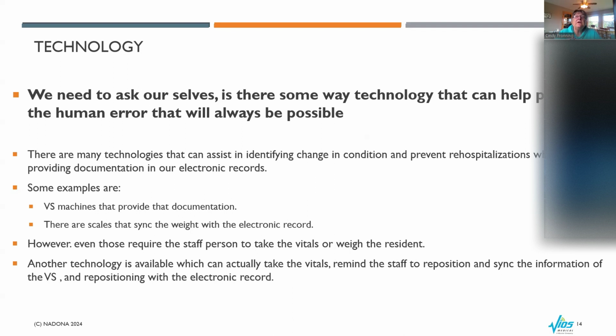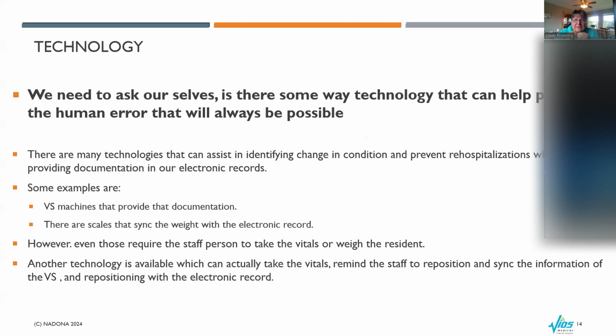It still takes somebody to go and take the vitals on the vital machine. Even though the machine will document it, it can't document it if it's not done. So we have found that there's another technology that is available that can actually take those vital signs, can help remind the staff to reposition, and sync that information of those vital signs and those repositionings with the electronic record.